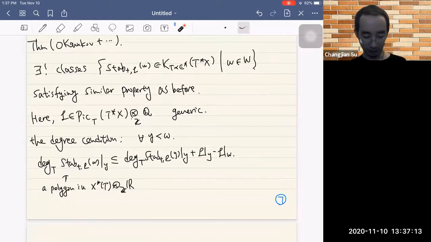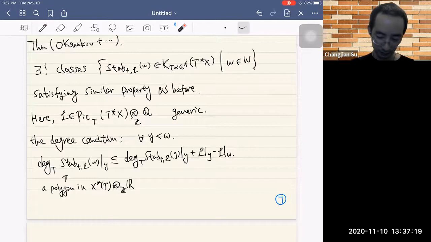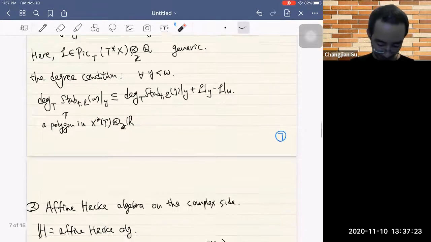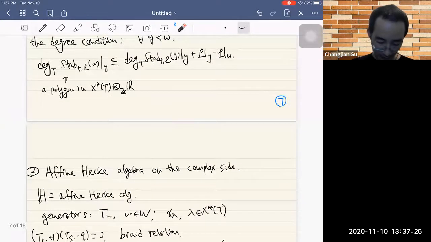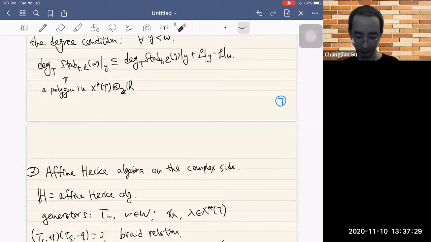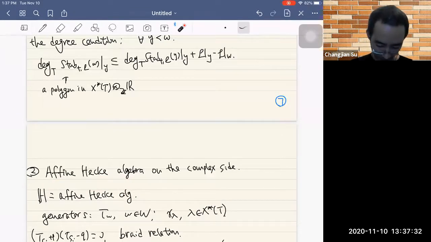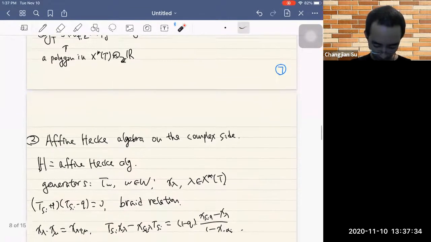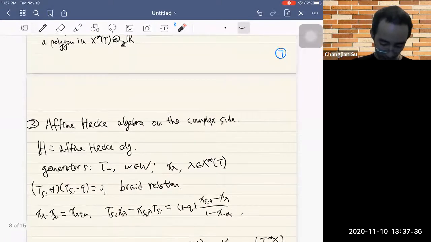So as in the cohomology case, we have this Hecke algebra action, and in this case we will also study the Hecke algebra action. In the K-theoretical case, this will be the affine Hecke algebra instead of the degenerate Hecke algebra. So, a quick definition. What is this affine Hecke algebra? The generators are the same as before.